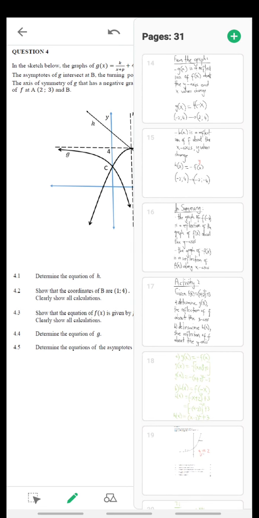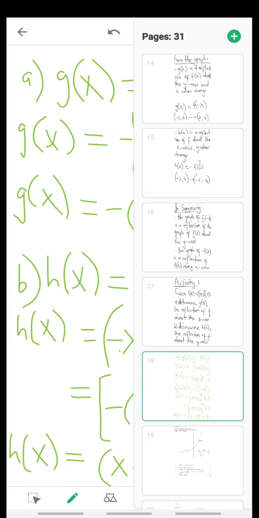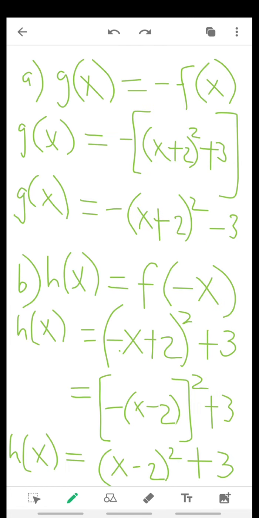So please go through lots and lots of questions, so that you get to understand everything that you are doing when it comes to translations and transformations. The more you do the problems, the better you become at what you are doing. So please make sure that you do as many questions as possible so that you can get all your marks.